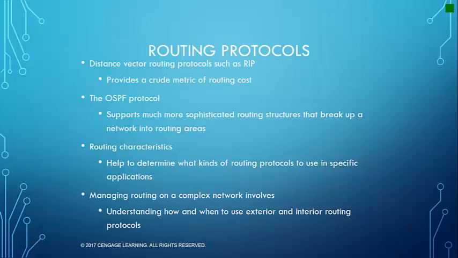The OSPF protocol supports routing structures that break up a network into routing areas. It helps to organize routing tables and behavior. In addition, it recognizes special categories of routing areas, such as the backbone area, where all the individual areas interconnect, and the AS, which represents the individual routing regions that fall under specific administrative and management control.